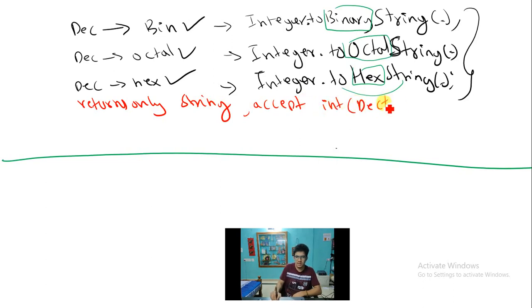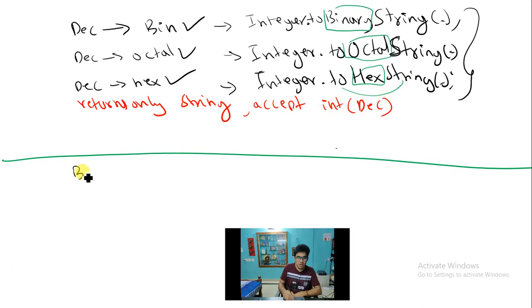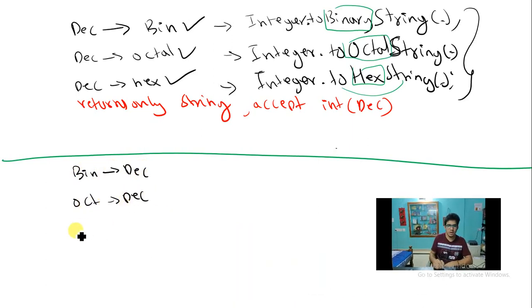Watch it now for the second case. To convert binary to decimal, what is the method? To convert octal to decimal, what's the method? To convert hexadecimal to decimal, what is the method?